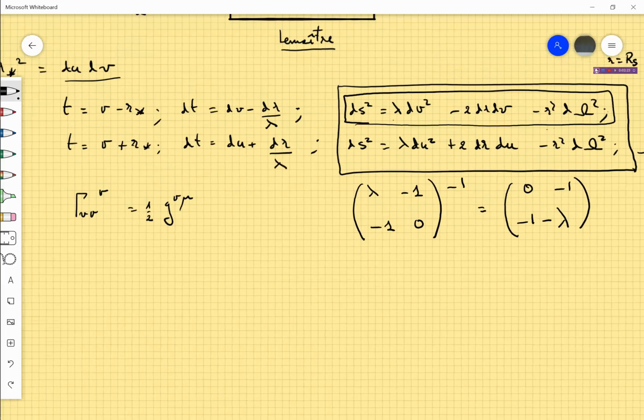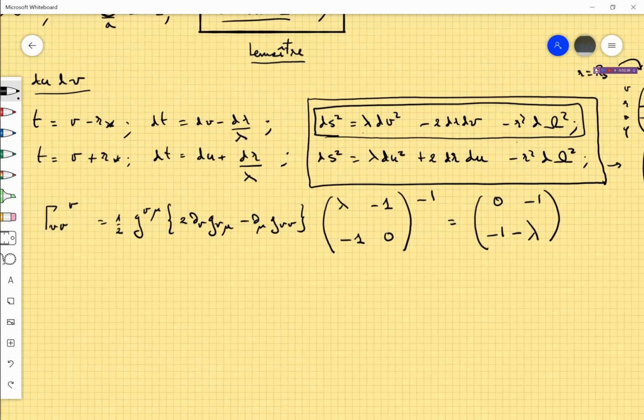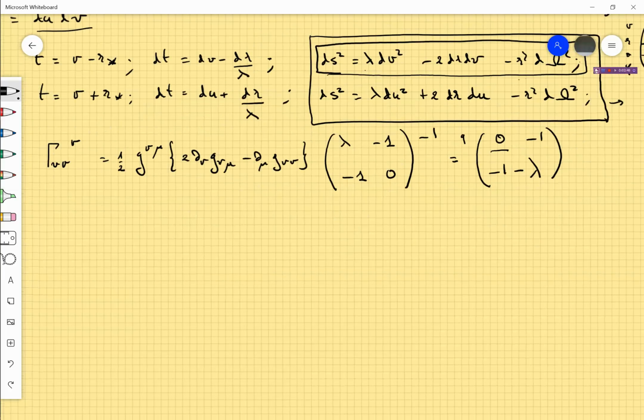So well, let's go back here. This is 2 times dv gv mu minus d mu gvv, and well, gvv with indices up is 0. Okay, this is gvv. So the only possibility that you have is the off diagonal GVR to get something different from 0.